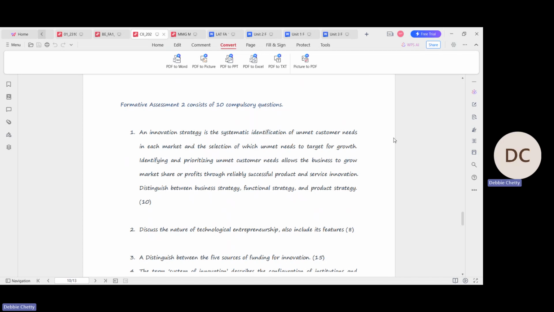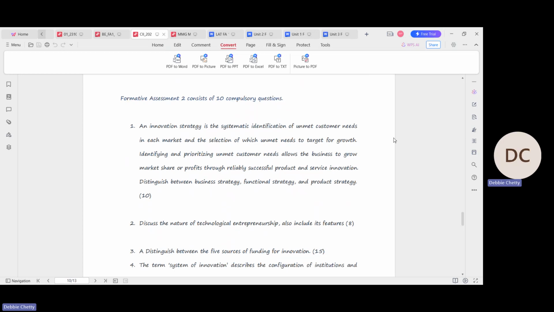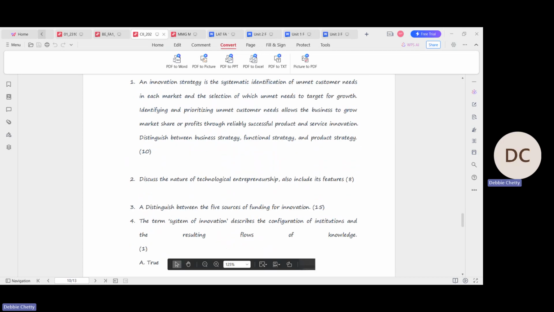For this question, out of 10 marks, you are required to distinguish between business strategy, functional strategy, and product strategy. In your answer, first discuss what a business strategy is, then what a functional strategy is, as well as what a product strategy is. You must be able to show the difference between each of these strategies, and that's how 10 marks will be allocated.